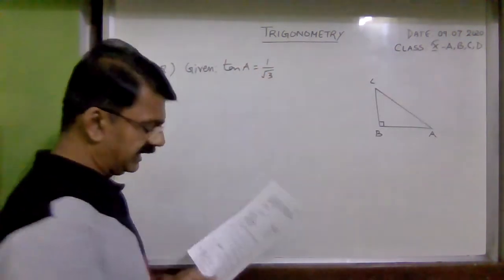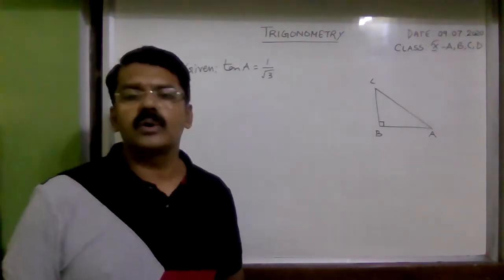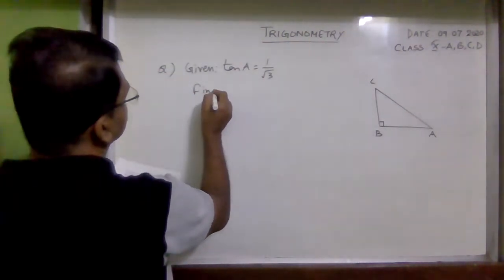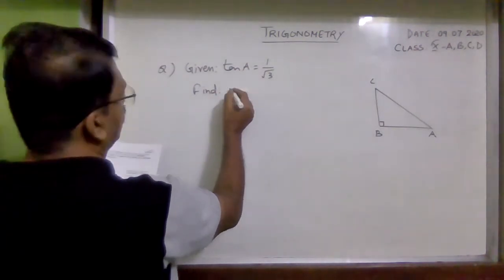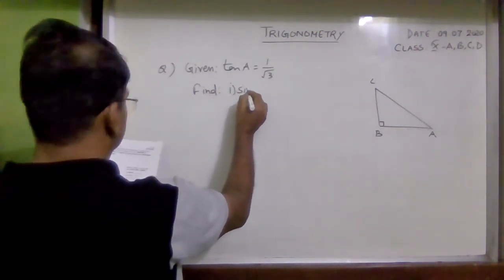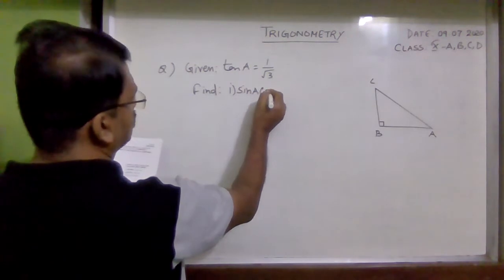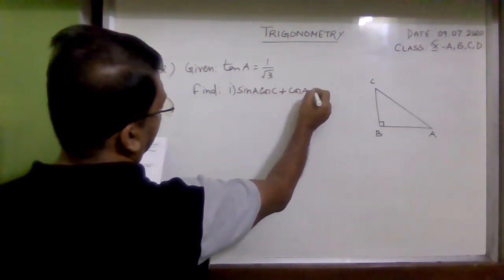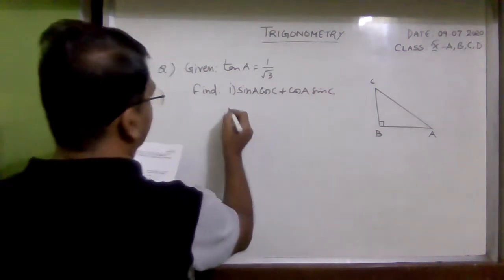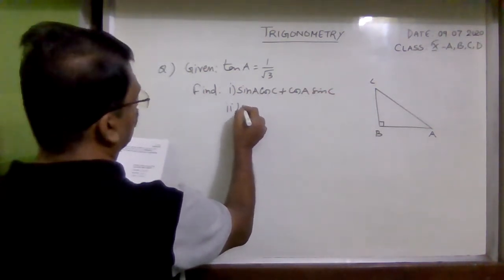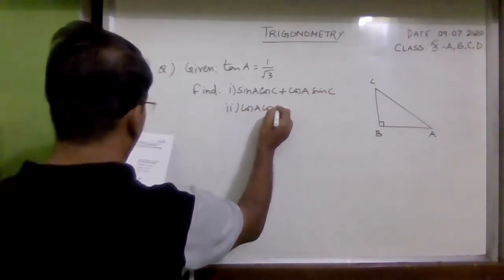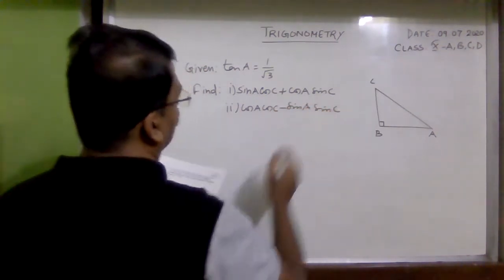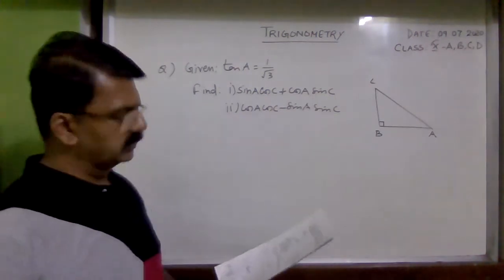So we have to find the first part, sin A cos C plus cos A sin C, and the second part, cos A cos C minus sin A sin C. Okay, so we have to find these two things.